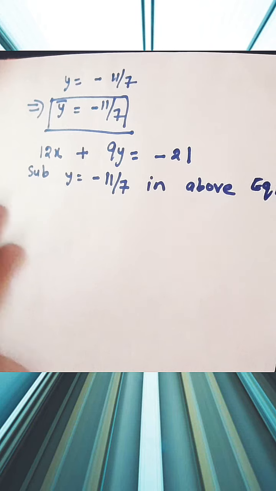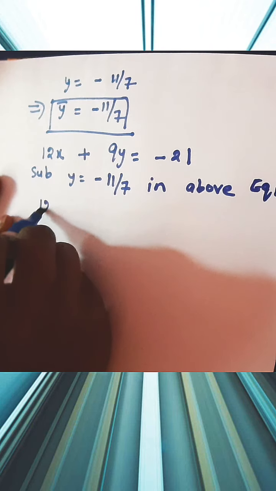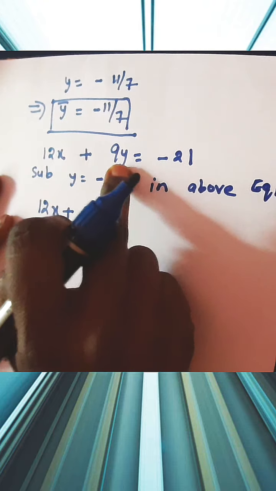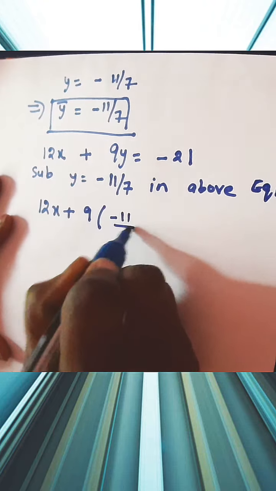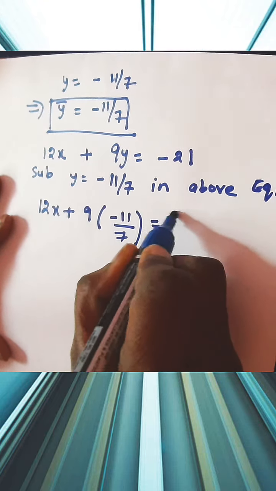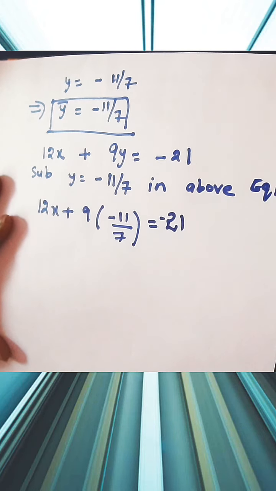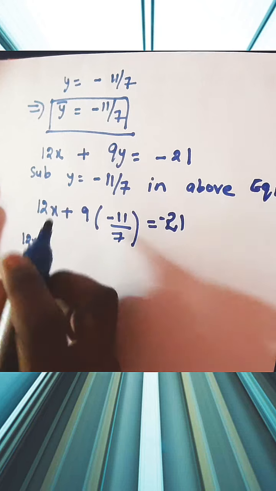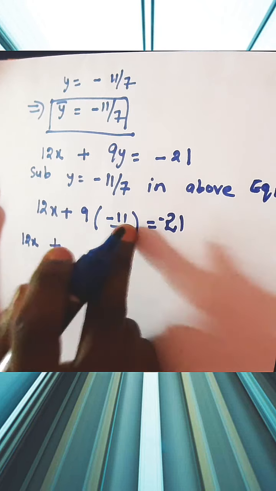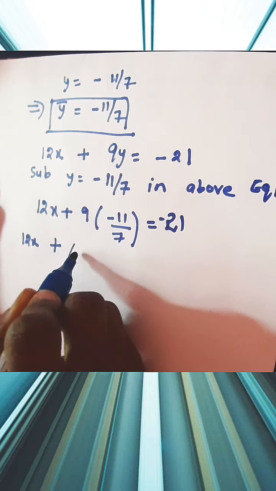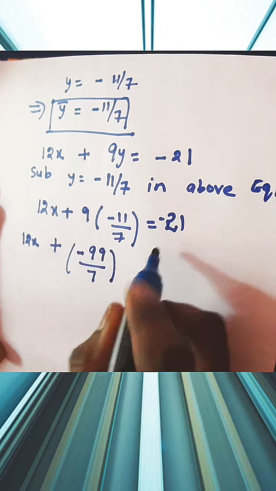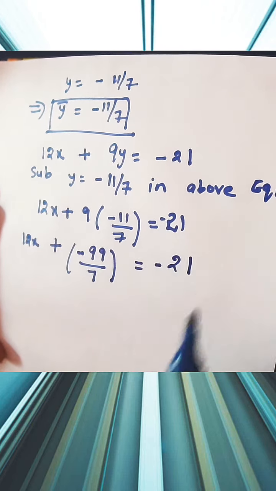Are you all following, students? So 12x + 9 into, in place of y I am going to put -11/7, which is equal to -21. 12x + 9 into -11 will give you -99/7, which is equal to -21.